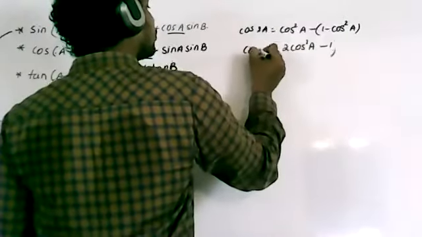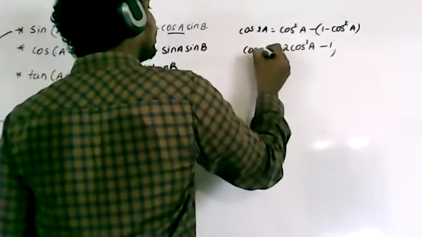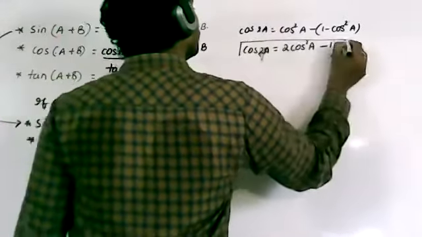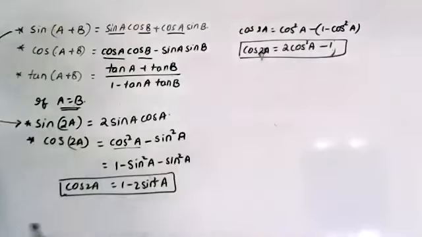This is the value of cos 2A. Therefore, for cos 2A I have three values: 2 cos square A minus 1, 1 minus 2 sin square A, as well as cos square A minus sin square A.